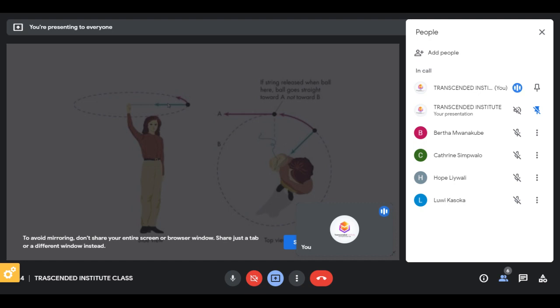So let's imagine the string breaks or it cuts. What do we expect? Is the ball going to continue moving in that circular path, or what is going to happen? Where is it going to go?